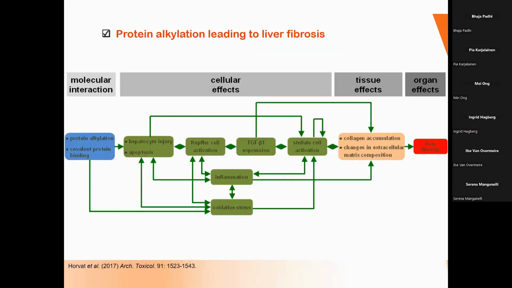So that would be an AOP on liver fibrosis, officially called an AOP from protein alkylation leading to liver fibrosis. And just for your information, this was the very first AOP that has been fully endorsed by the OECD. So this means that it went through the entire, very thorough, I must say, process of evaluation of the OECD, including evaluation by 70 researchers.